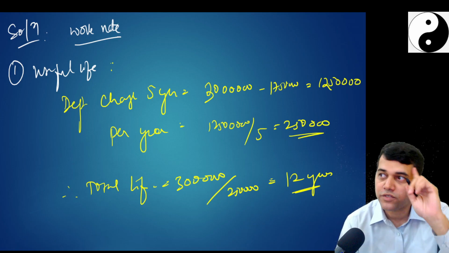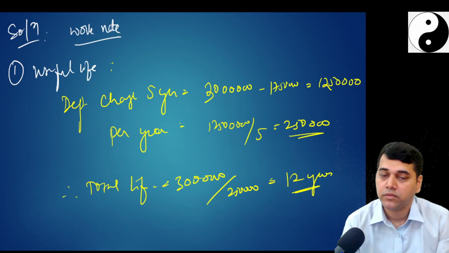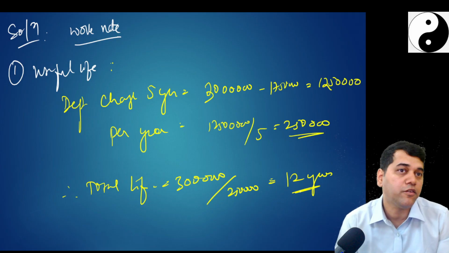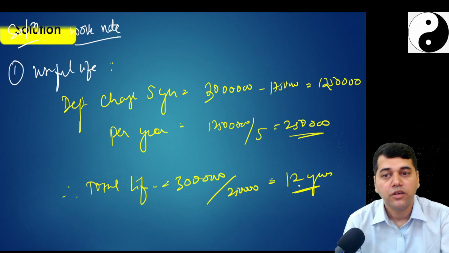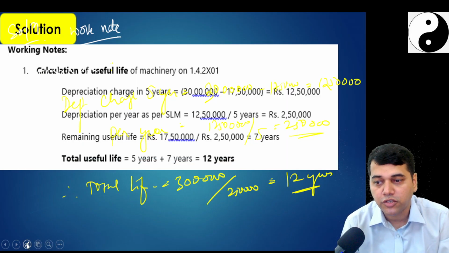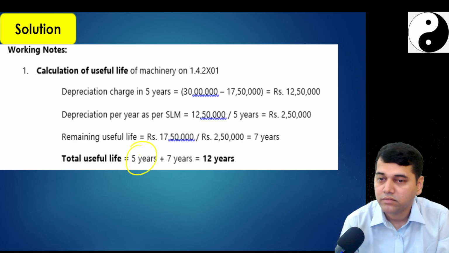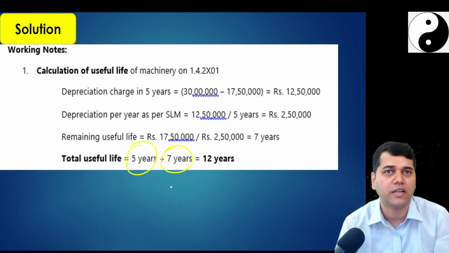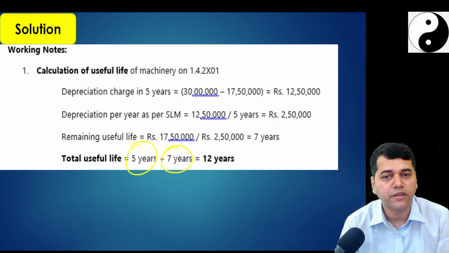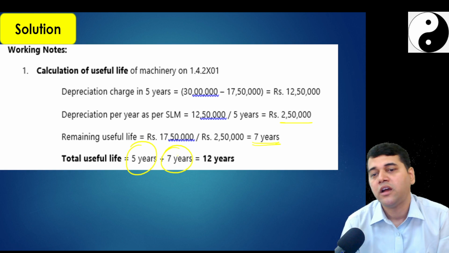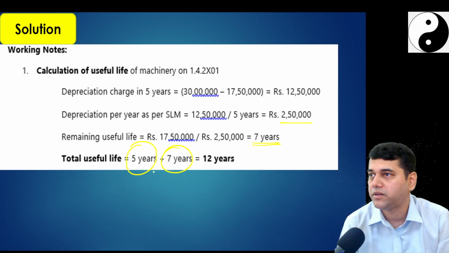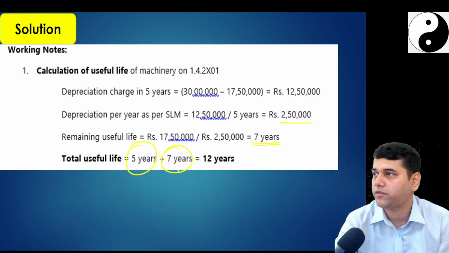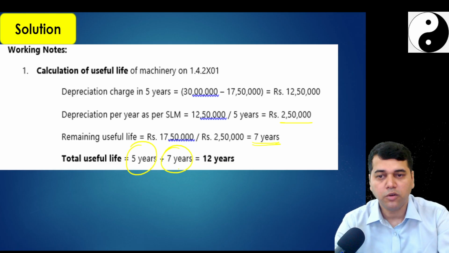So first we need to keep in mind that the life of the total asset is 12 years, which at the date of revaluation is 5 years over plus 7 more years. This is the way the institute has calculated: 2 lakh 50,000, with 5 elapsed and 12 years in total. Followed, no?